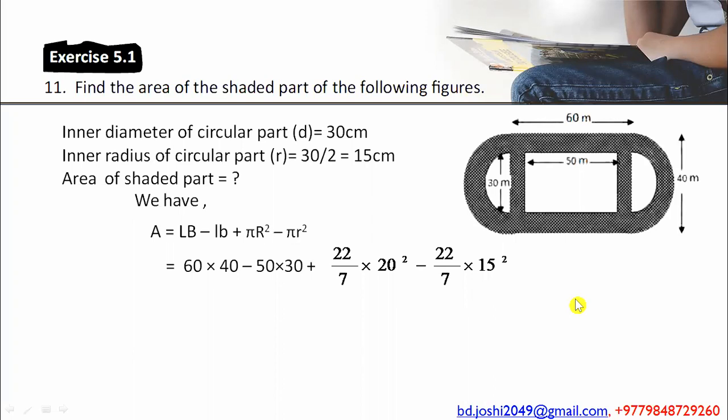Calculate it fast. 60 into 40 is 2400. 50 into 30 is 1500. Next multiply this one. 20 square is 400, into 22 divided by 7. Similarly 15 square is 225, into 22 divided by 7. Are you calculating?